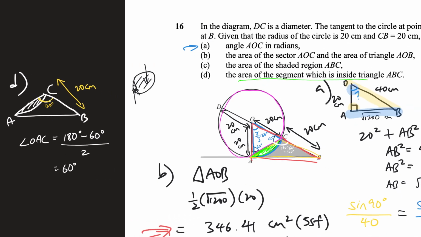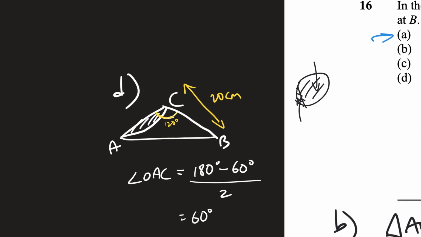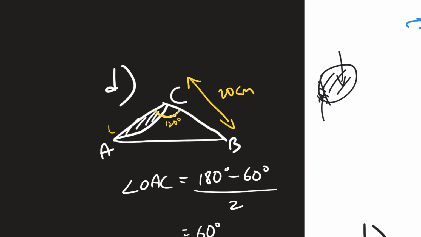And since we found that all the angles are the same, that means all the sides are the same. That's an equilateral triangle. So if this is 20 cm, right, and this is 20 cm, then this must also be 20 cm because it's an equilateral triangle. And so that's very helpful because we can come here and say that this is also 20 cm.